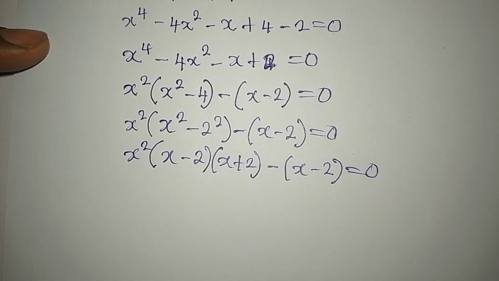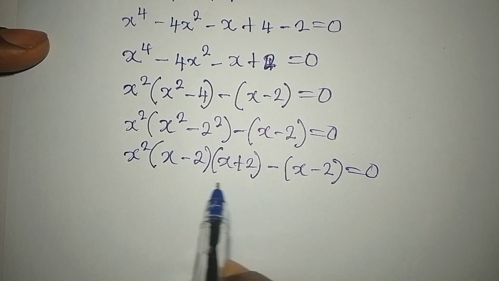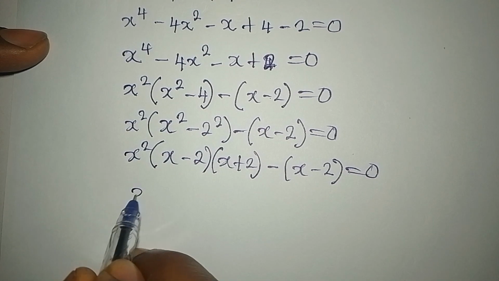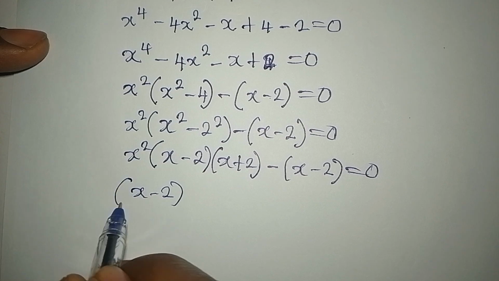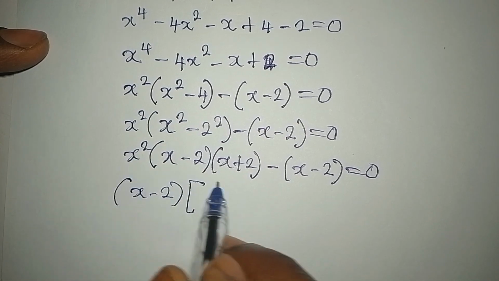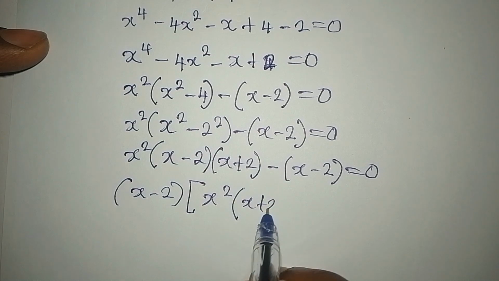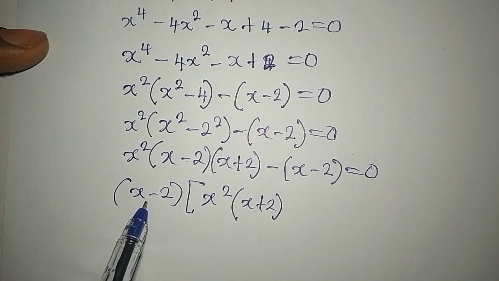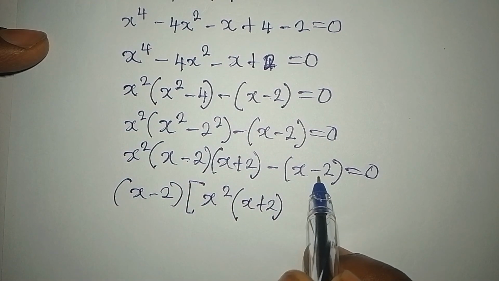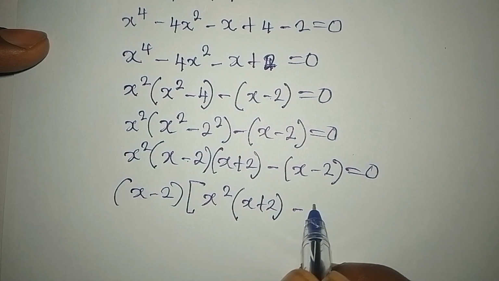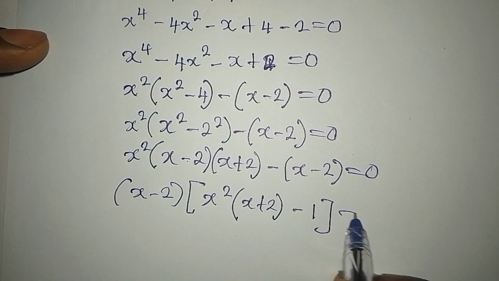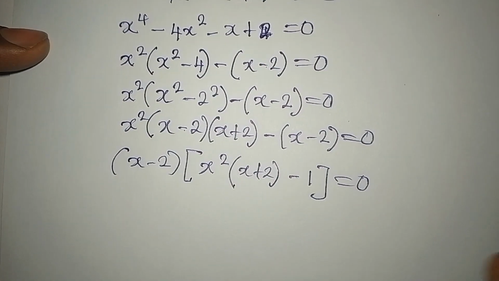And if you look at these two, we have something common, and that is x minus 2. Then open, this is still here. I have x squared into x plus 2 because this is already out. Then from here, this is already out, so we have minus 1. We close this and equate to 0.